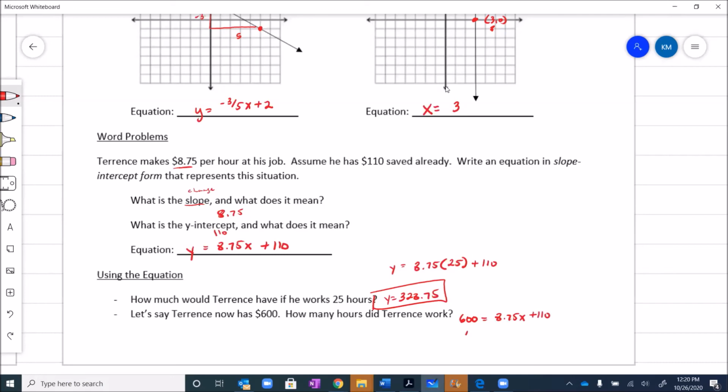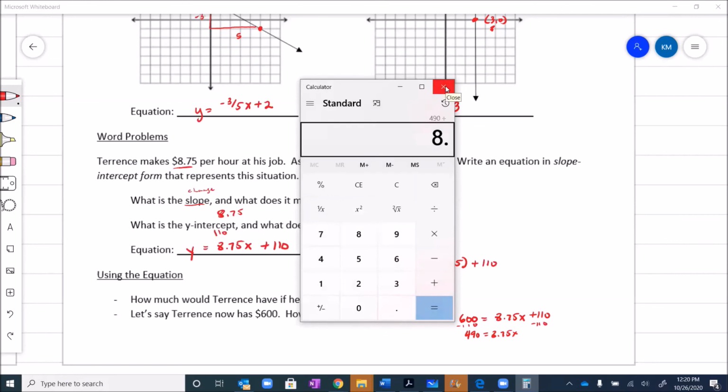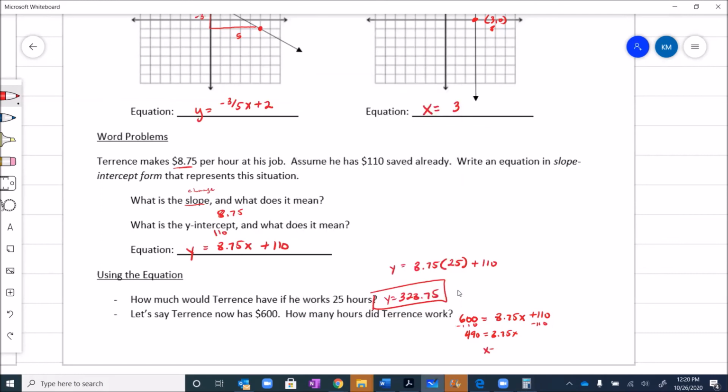So that's 490, subtracting 110 from both sides, equals 8.75x. Okay, and so now to solve this finally, we do 490 divided by 8.75, and that's 56. Means Terrence had to work 56 hours.